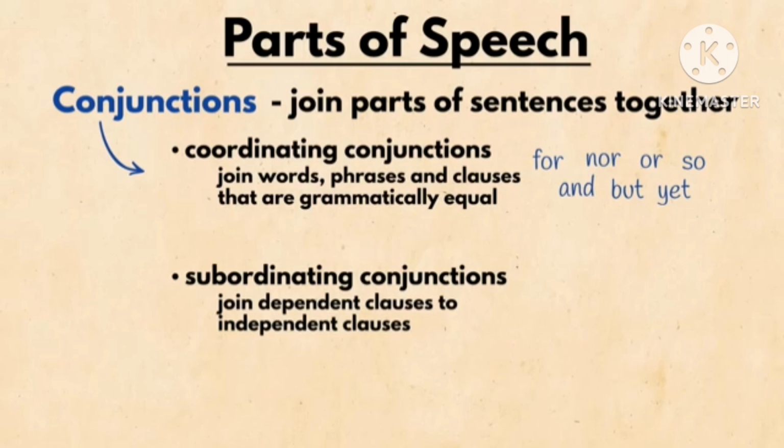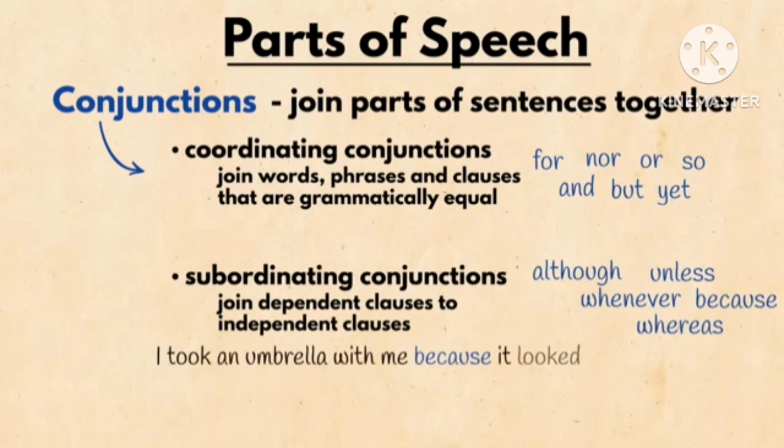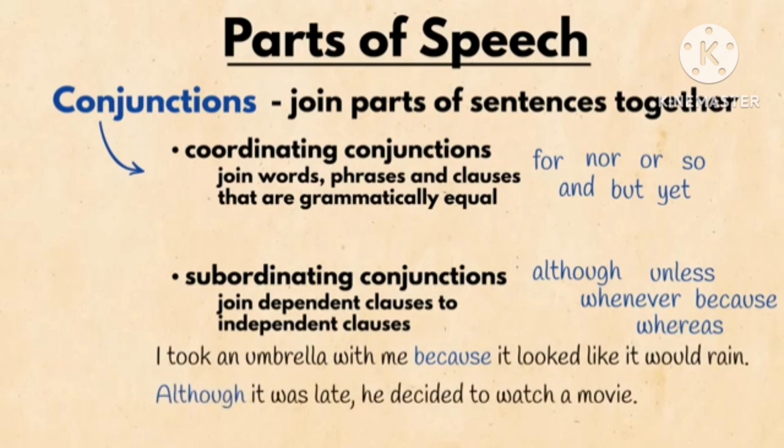Some examples of subordinating conjunctions are although, whenever, unless, because, and whereas. Here are two sentences that use subordinating conjunctions. I took an umbrella with me because it looked like it would rain. Although it was late, he decided to watch a movie.